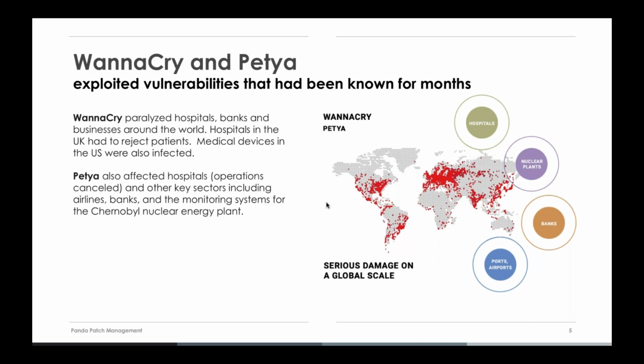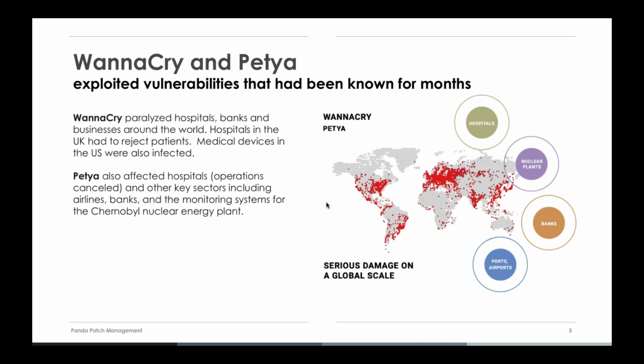I remember when WannaCry came out, it was one of those things where your face just goes white. It had a severe impact. Petya was another one. It also affected hospitals, which had to cancel operations. In other key sectors, airlines had to cancel flights, and banks were affected. And what I found interesting was that it even affected the monitoring systems for the Chernobyl nuclear energy plant.